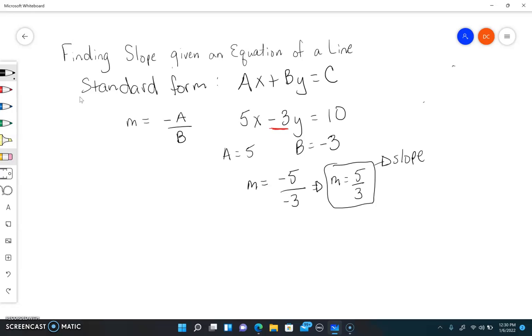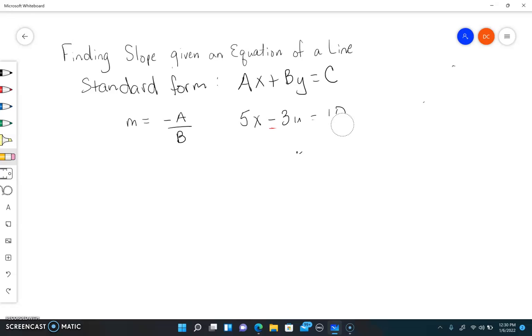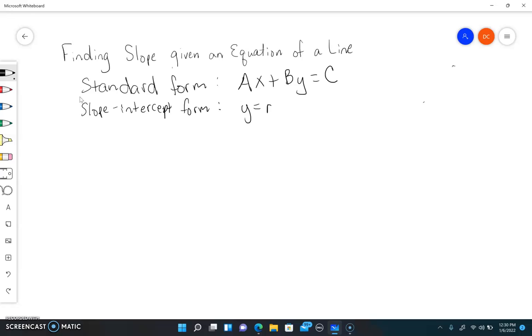I'm assuming that you guys are a little more confident with that because that's generally how we've seen lines, okay? So remember, slope-intercept form is y equals mx plus b.